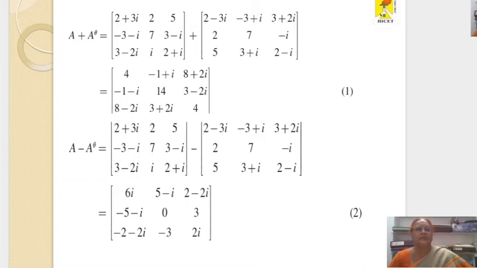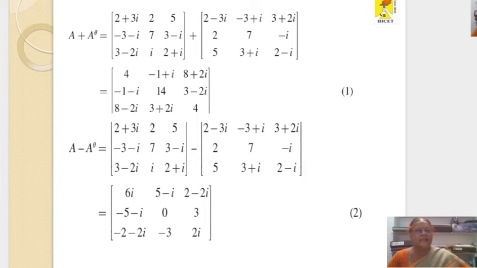Next step, we have to find out A plus A power theta. Add these two, A and A power theta. When you are adding the matrices, the corresponding elements should be added. So, 2 plus 3i added with 2 minus 3i: plus 3i and minus 3i get cancelled, we will get 4. In the same way, minus 3 plus i and 2 will become minus 1 plus i; 5 plus 3 plus 2i becomes 8 plus 2i.